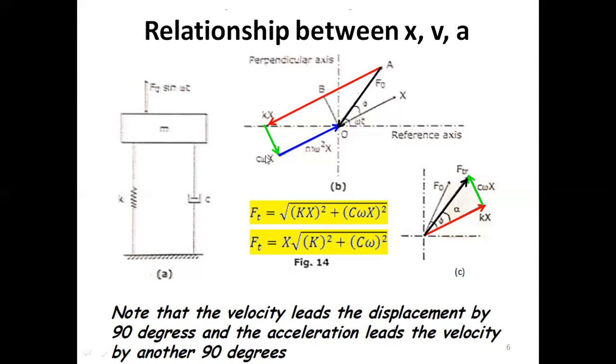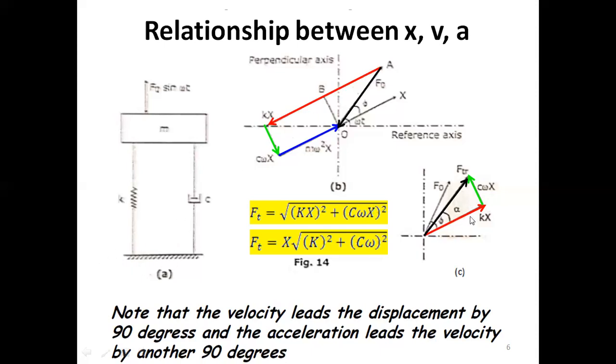Similarly, we just discussed that the spring force and the damping force on this side are transmitting into the foundation. So we could add these two forces, the spring force and the damping force, in order to get the resultant. And that resultant is the force which is transmitting into the foundation.